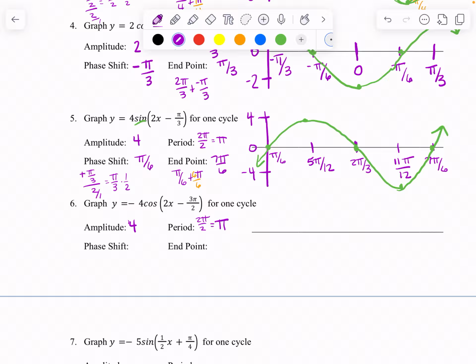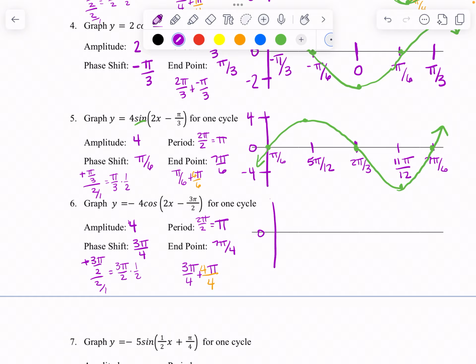Phase shift, negative c, so he's going to be a positive 3 pi over 2 over 2. So 3 pi over 2 times a half, so 3 pi over 4. So 3 pi over 4 plus pi, 4 pi over 4, so 7 pi over 4.